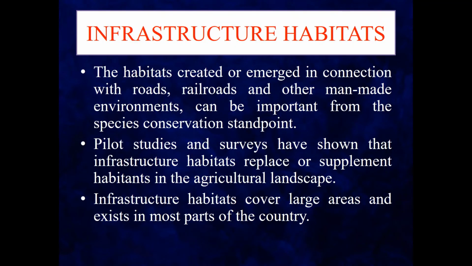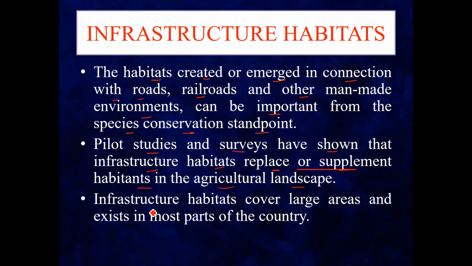Now, infrastructure habitats. Habitats that are created or emerge in connection with a road, railroad and other man-made environment can be important from the species conservation standpoint. Pilot studies and surveys have shown that infrastructure habitats replace or supplement habitat in agricultural landscape.